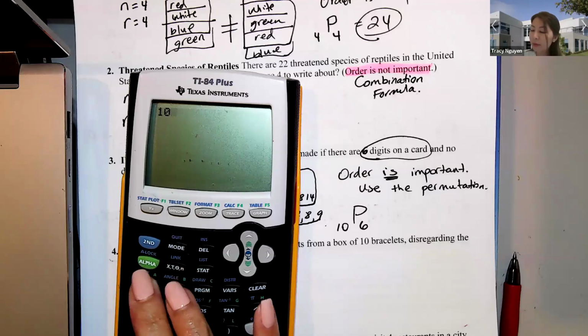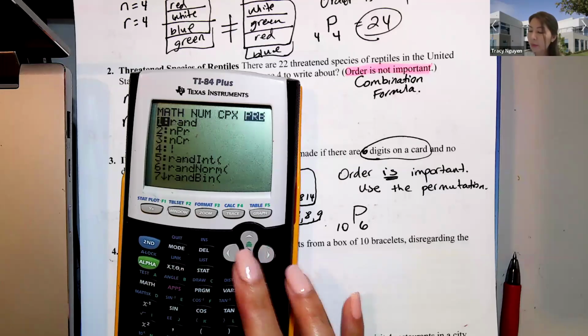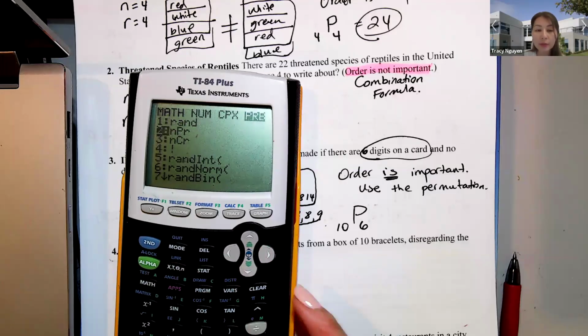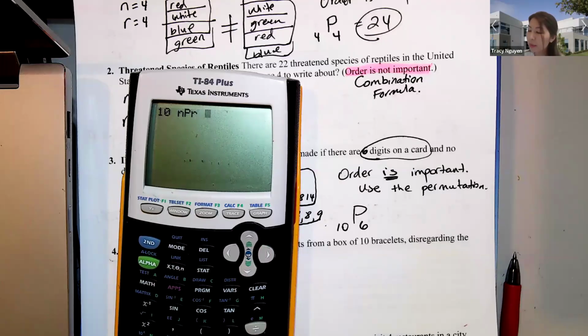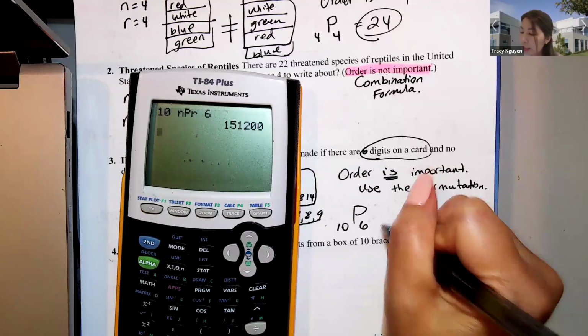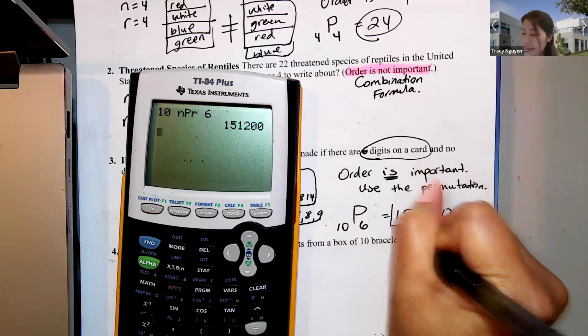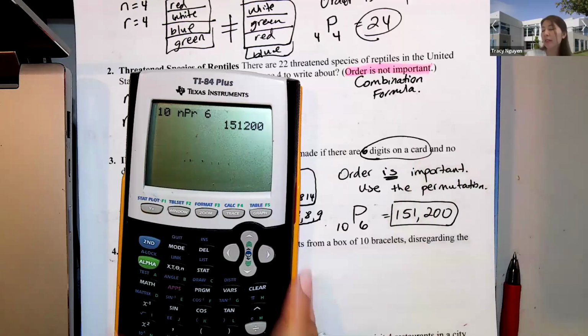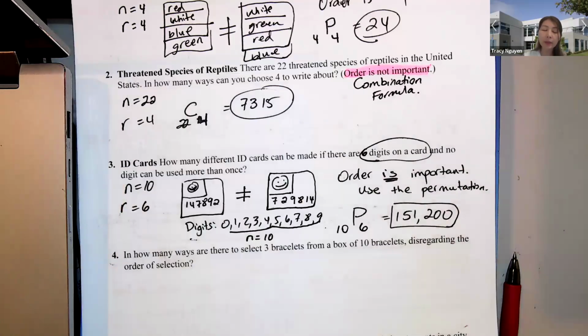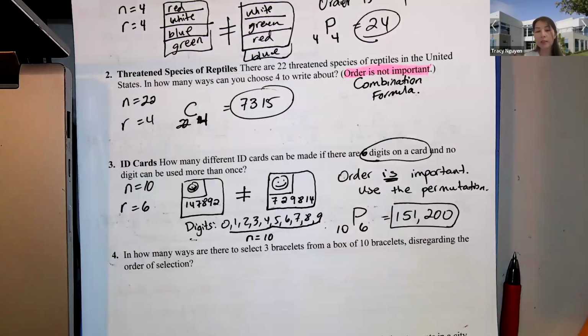So 10, then PRB, go down to permutation, which is number 2 here, and we choose 6. This gives us 151,200. And in fact, this is how we generate our social security number: the same digits in a different order give us a different social security card.